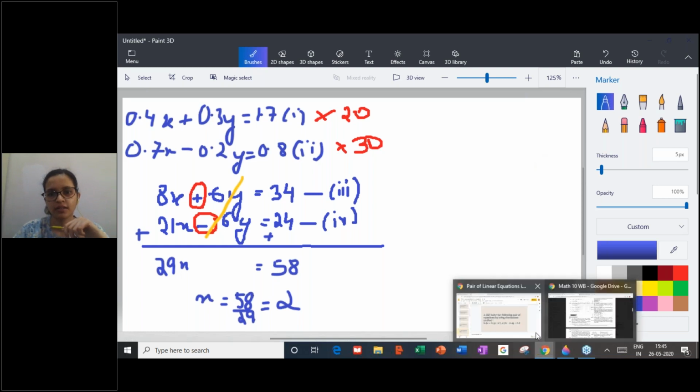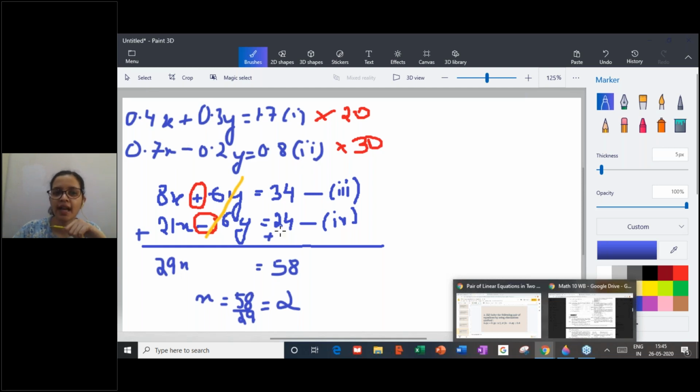Okay, Pratim, you want me to explain this concept in brief? So what do you do basically? Elimination, the word itself says it: you either eliminate x or y. And how do you do that? By multiplying the equations with a number. Generally, it's the coefficient of either of the two. If you are planning to eliminate y, you multiply the equations with the coefficient of y to make it the same. Then you check the sign.